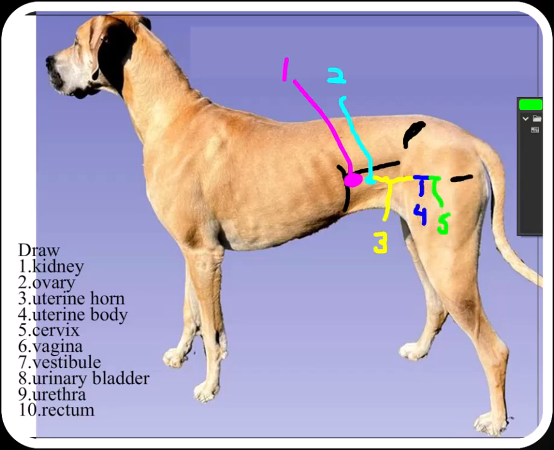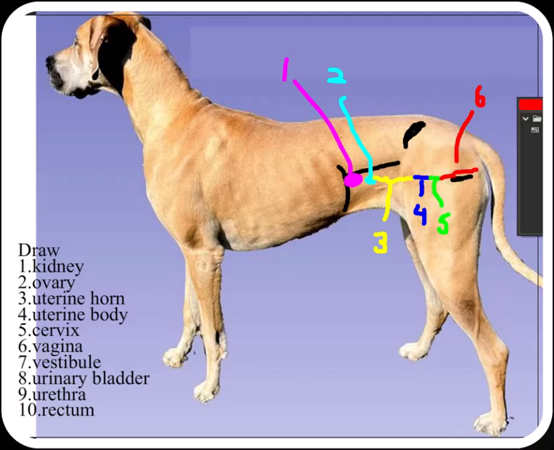And caudal to the cervix is going to be the vagina. Now we'll draw the cranial part of the vagina outside of the pelvic canal, but the vagina will enter the pelvic canal and go through and terminate about here at the ischiatic arch. So that's going to be the vagina, beginning outside the pelvic canal, but entering into the pelvic canal.